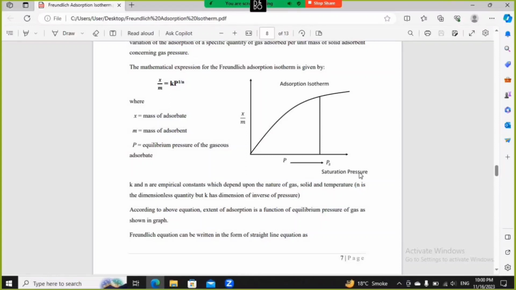This pressure is known as saturation pressure. Why does this happen? This is because with the increase of pressure, all the available sites on the adsorbent are occupied by gas molecules and no more sites are available for the other gas molecules. So adsorption becomes constant after this point.